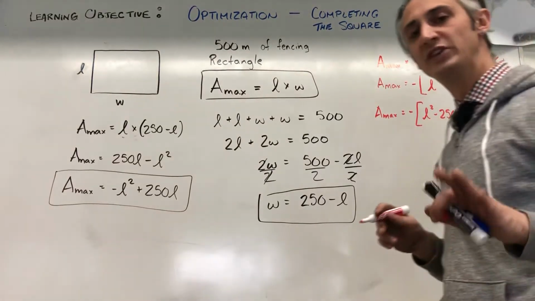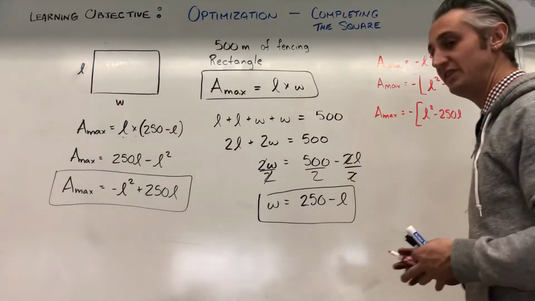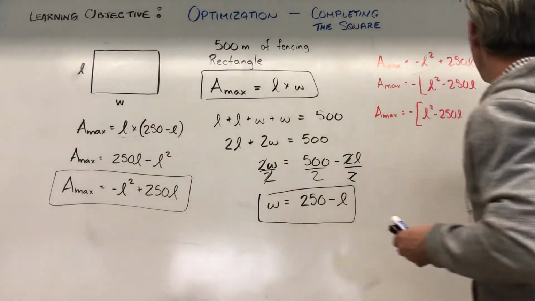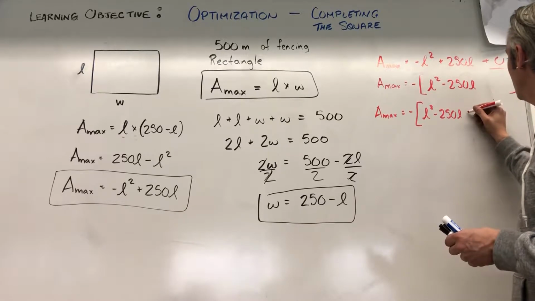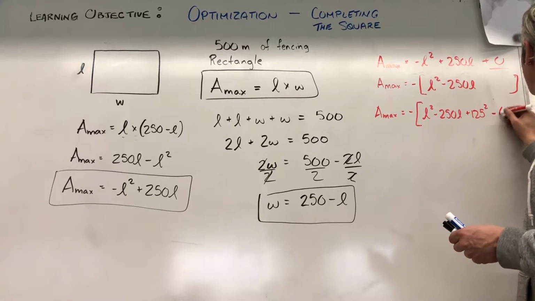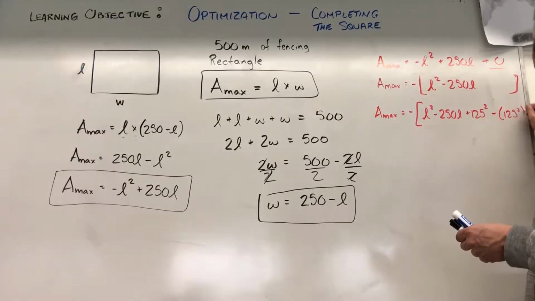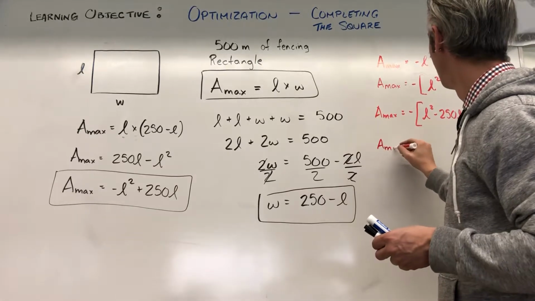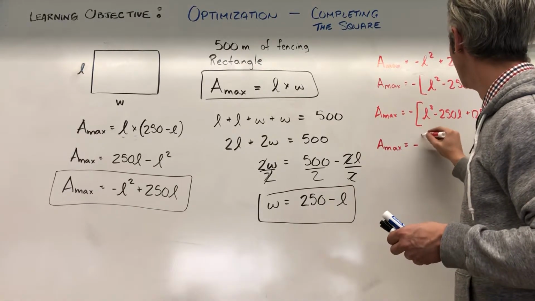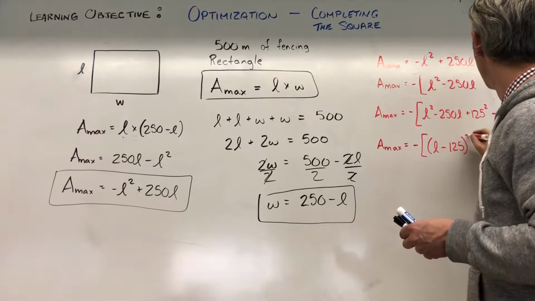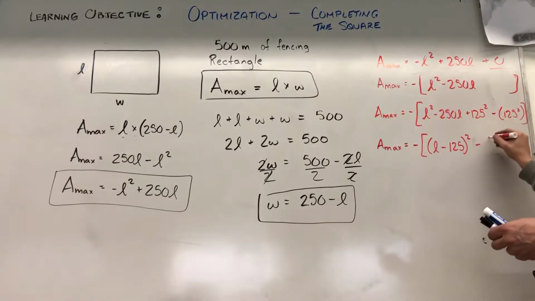250 divided by 2 is 125. 125 squared is a really big number. So I'm just going to put it in terms of 125 squared. So this will be plus 125 squared, and then minus 125 squared. So A max is going to be equal to negative, L minus 125 squared, minus 125 squared.